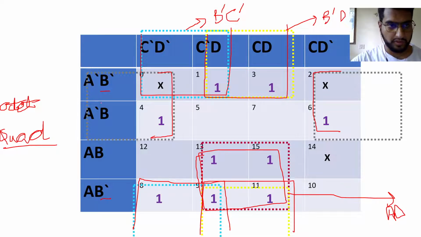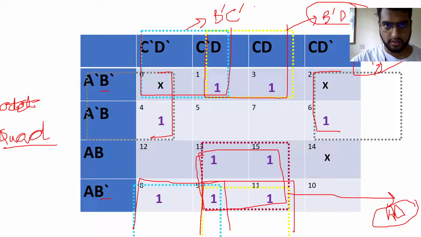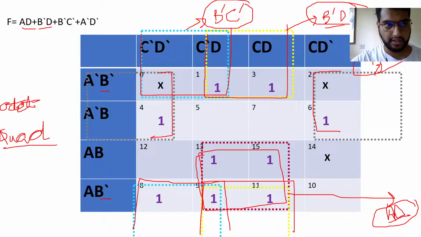The contribution from this will be A dash D dash. So our final expression will be the sum of these terms: AD is here, B dash D is here, B dash C dash is here, and A dash D dash.